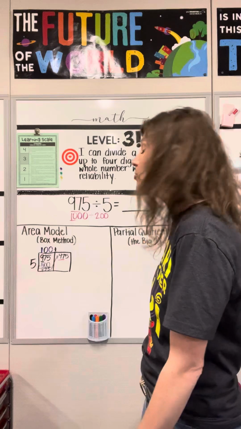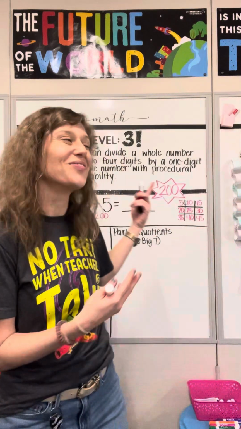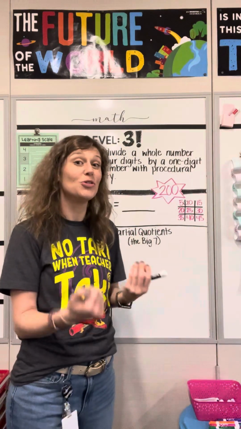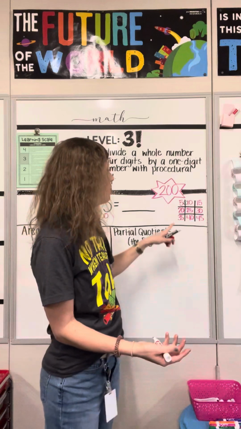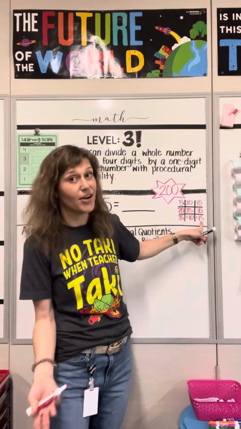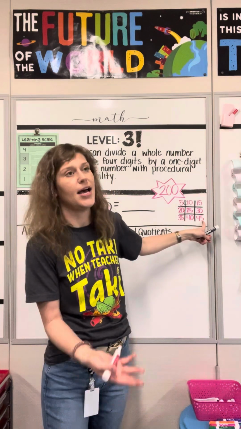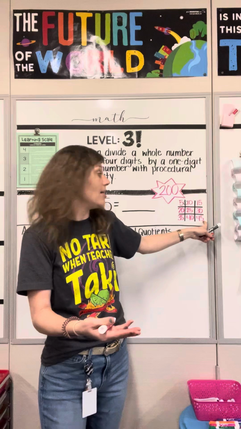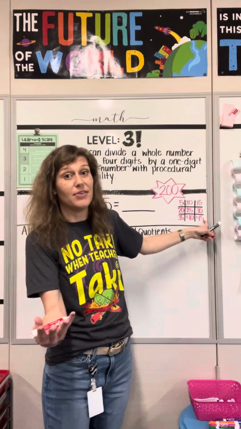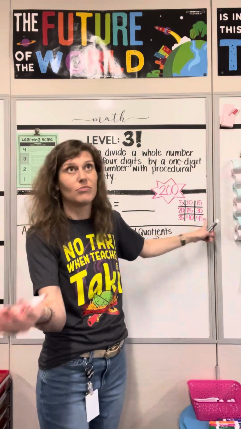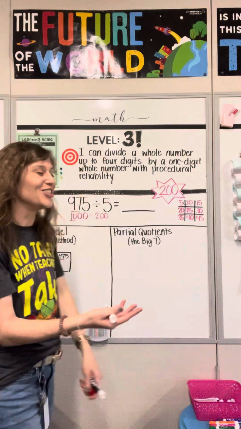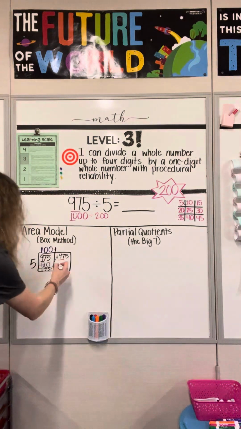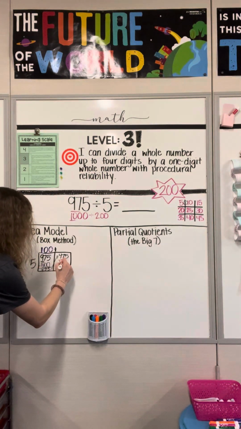So now if we don't see 47 on our tic-tacs, we are going to look for the closest multiple to 47 without going over. So we see 45 right here. If we add another group of 5 to that, we go to 50. So we know that 45 is the smallest multiple that's closest to 47. So we're going to use 45.